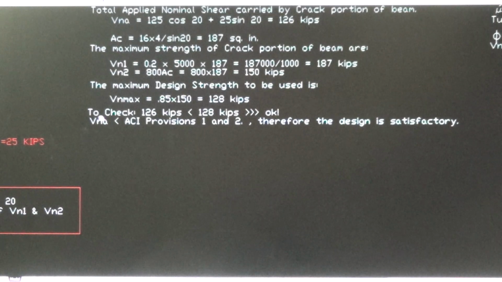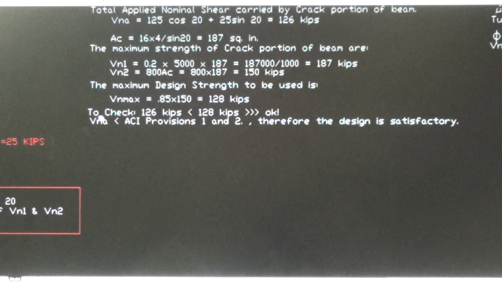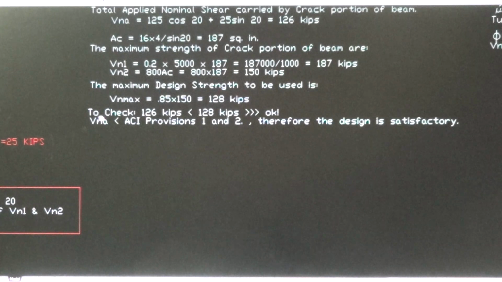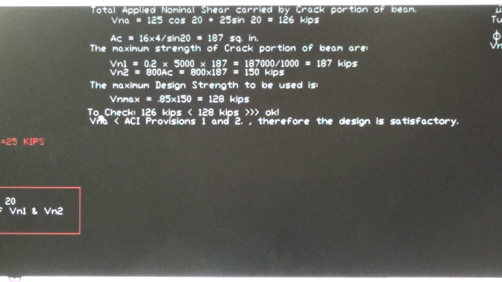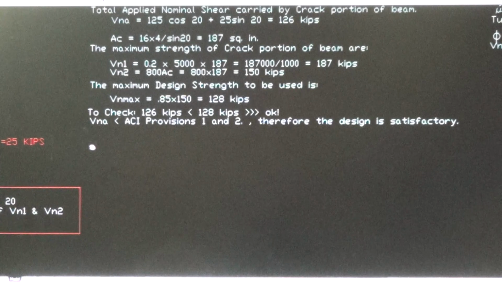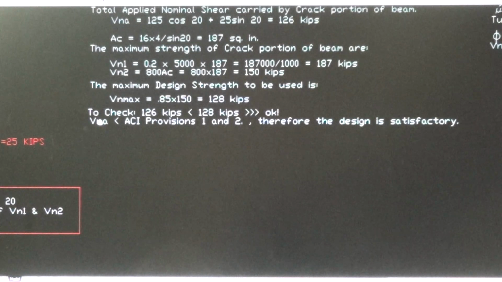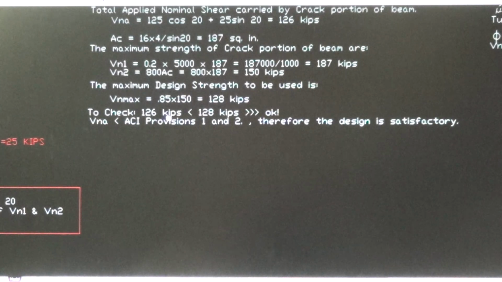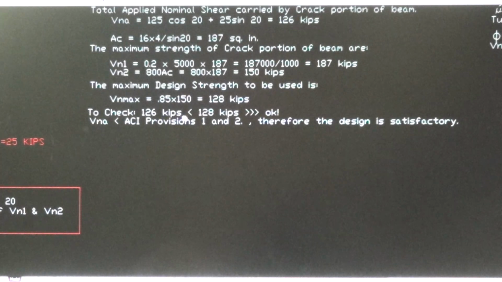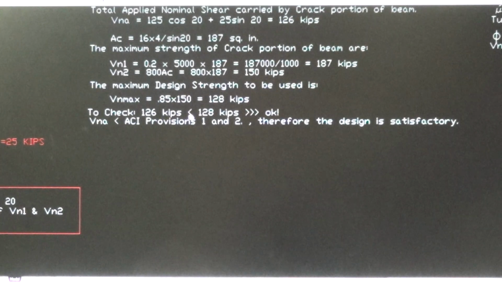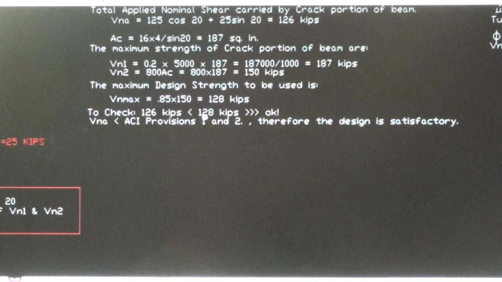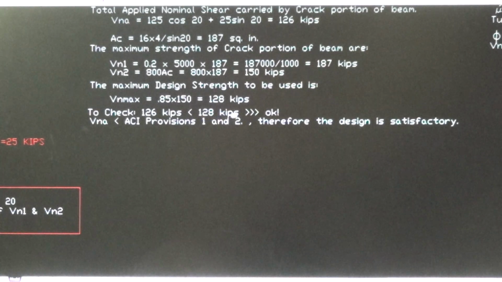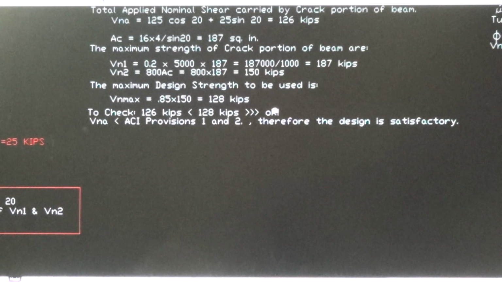So to check if the answer is correct, to check if the beam is safe or not, based on the design of four number 6 reinforcement bars, we compare the 126 kips. It is less than the design strength, which is 128 kips, so it is okay.